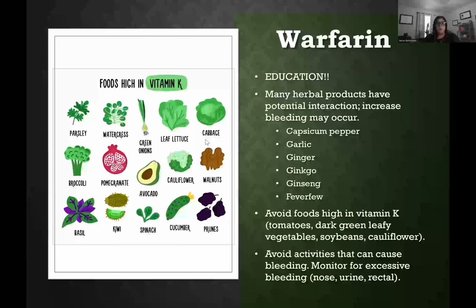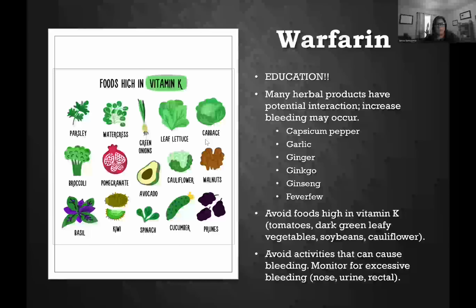So let's talk about warfarin and the education. Education is key. We need to make sure that they are on a low vitamin K diet, and high vitamin K includes all your green leafy vegetables, liver as a meat.